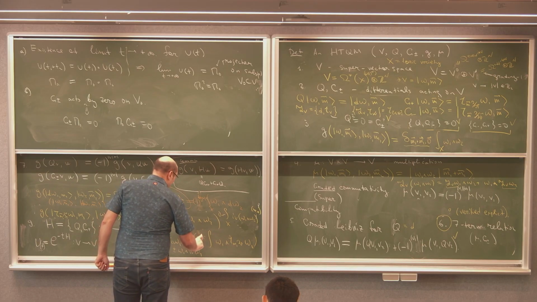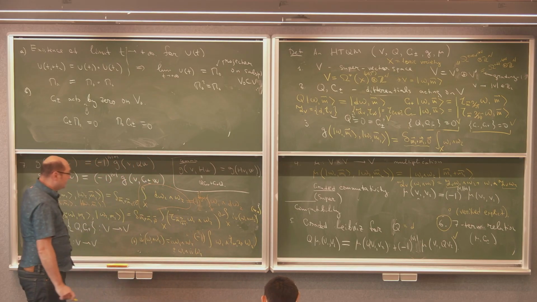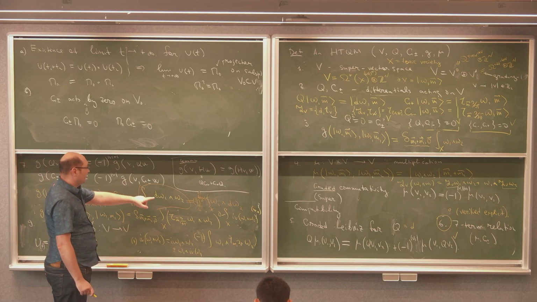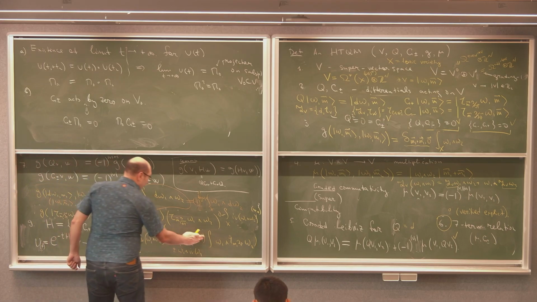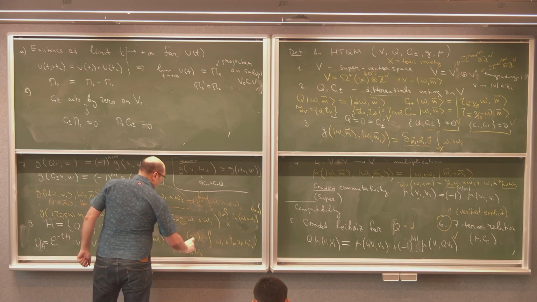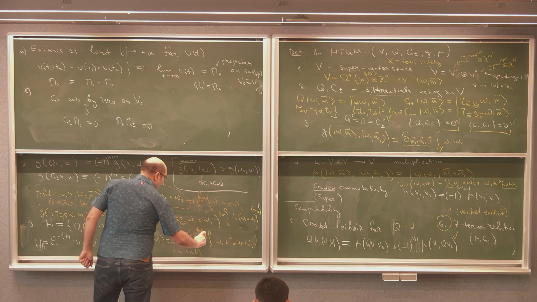And the sign here will be the same sign as we get in this integration by parts. That will be minus 1 to the degree of omega 1 plus 1.